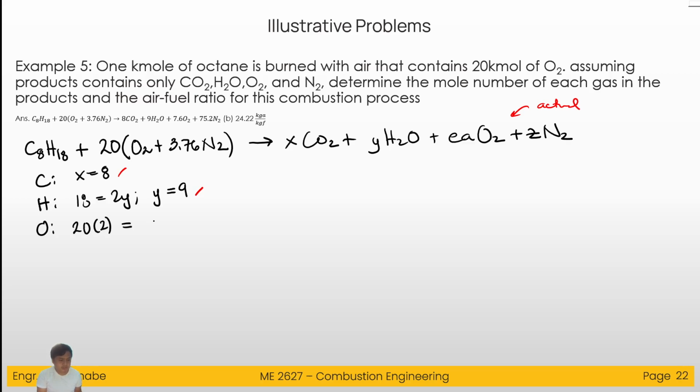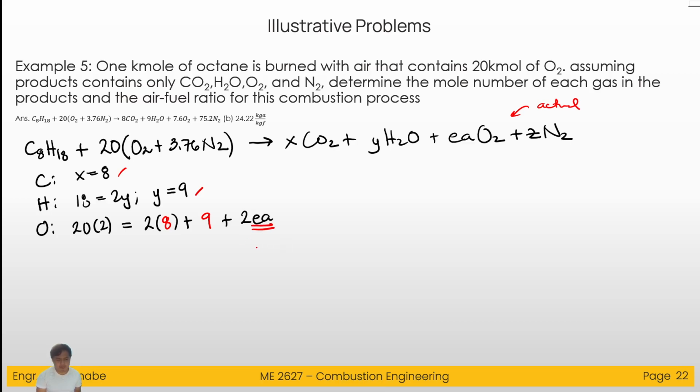For the carbon dioxide, you have 2x, so just write here the x already, since you already got x, and then you have y, which is 9 for H2O, plus EA. Oh, we forgot to multiply this by 2, so you have 2EA.